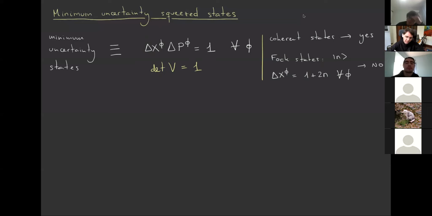Okay, so if this is clear, let me then explain to you how to actually generate squeezing. And this is very simple because we just need the simplest generalization of the displacement operator, but still within the Gaussian world. And this is something called the squeezing operator.